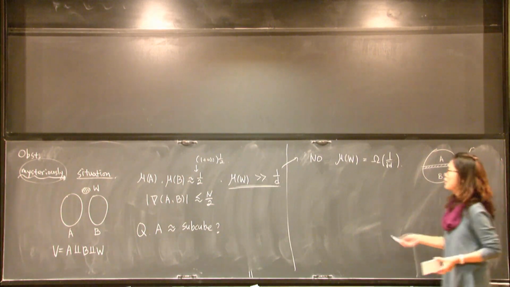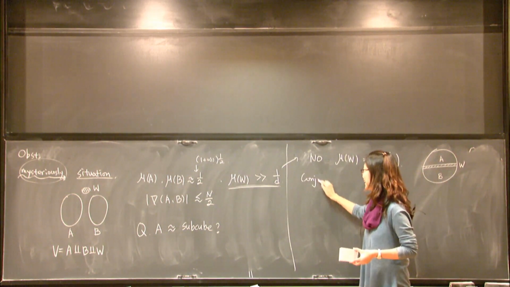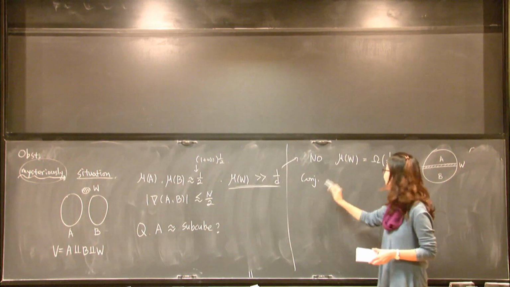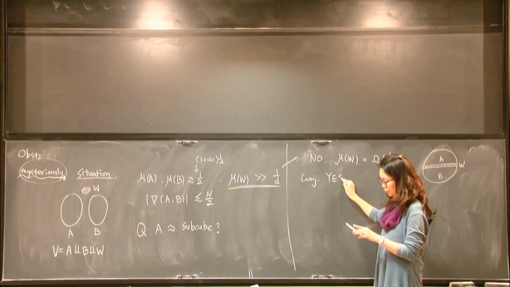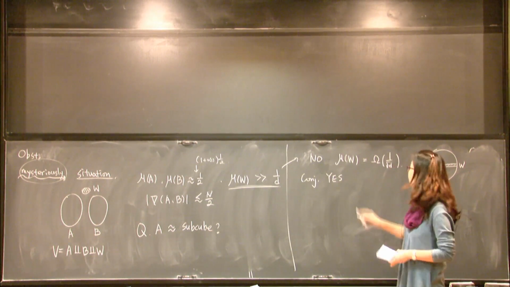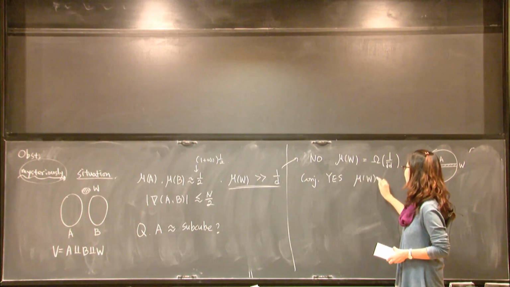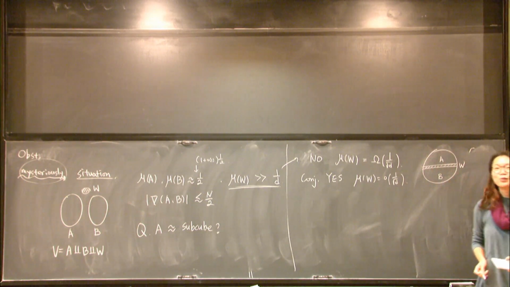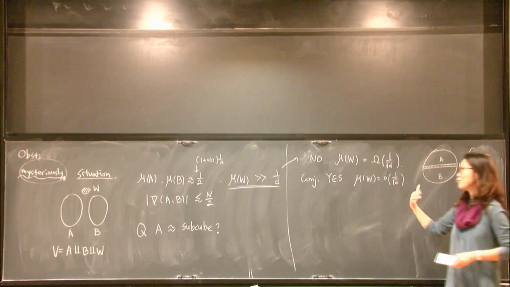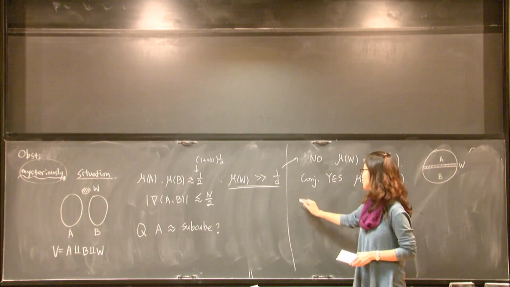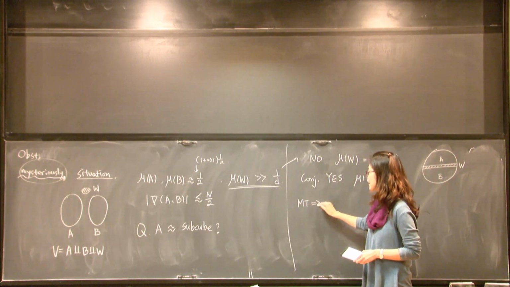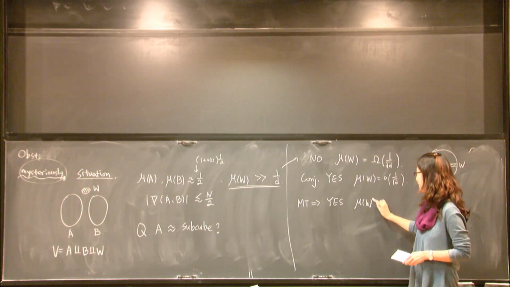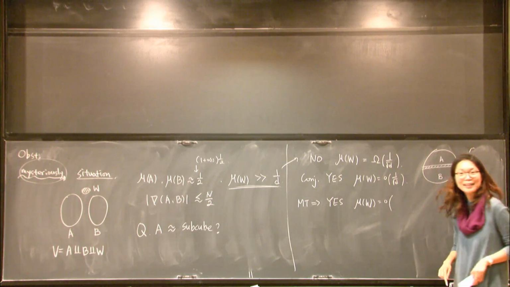So our conjecture, naturally, was that this is the only obstacle. Our conjecture was that the answer is yes if mu of W is little o of 1 over square root of D. But we don't know if this is true. But what we have is that our main theorem implies the answer is yes if mu of W is little o of, guess?